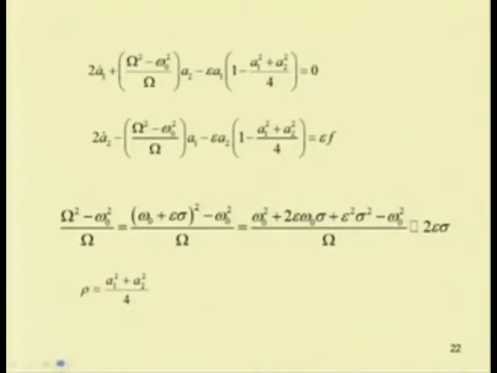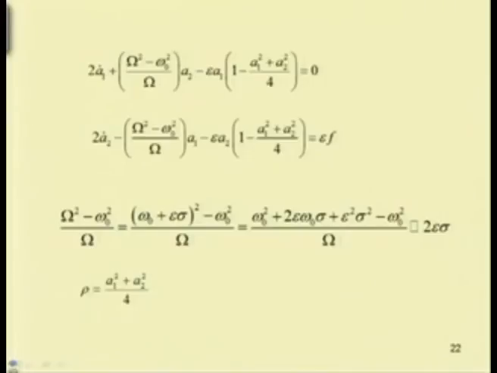By collecting the terms with coefficient cos ωt and the terms with coefficient sin ωt, we get these two equations. They are 2a₁' + ((ω² − ω₀²)/ω) a₂ − ε a₁(1 − (a₁² + a₂²)/4) = 0, and the second equation becomes 2a₂' − ((ω² − ω₀²)/ω) a₁ − ε a₂(1 − (a₁² + a₂²)/4) = εf.